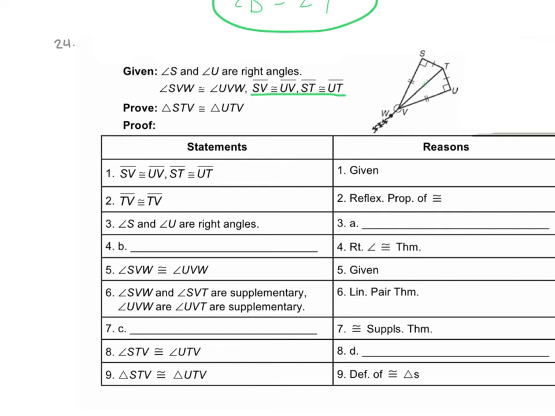Step 3 says that angle S and angle U are right angles. How do we know that angle S and angle U are right angles? Because it says it right here in the given. So what's our reason? Given.